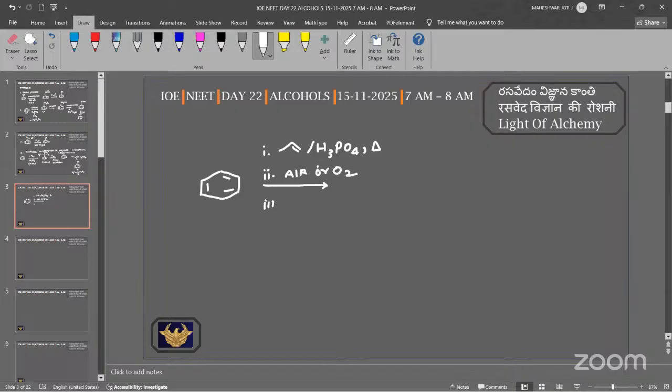The third reagent is dilute H2SO4. So the final product is phenol as the major product, and the byproduct is acetone.